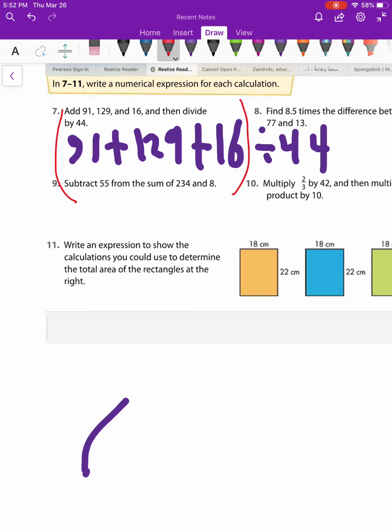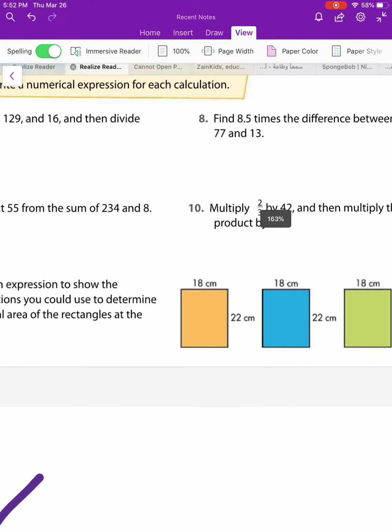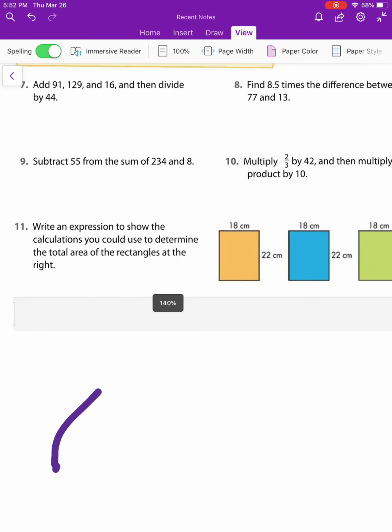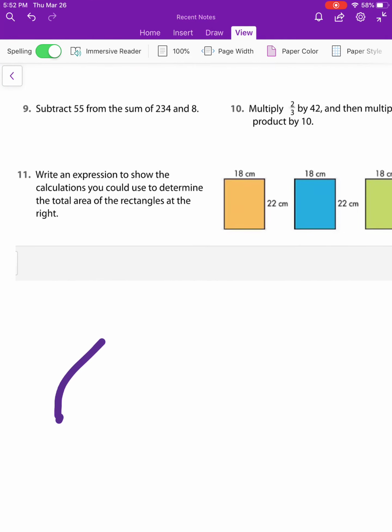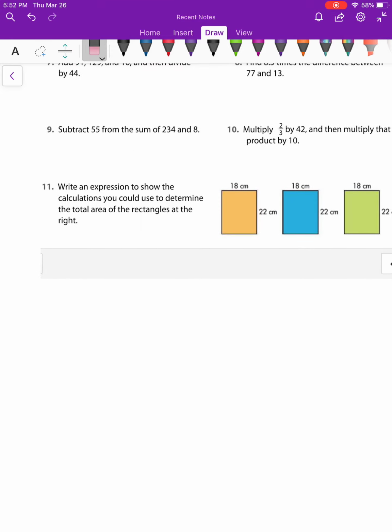Is it clear? Okay. Now, let us take question number 11. Can you read? Write an expression to show the calculations you could use to determine the total area of the rectangles at the right.